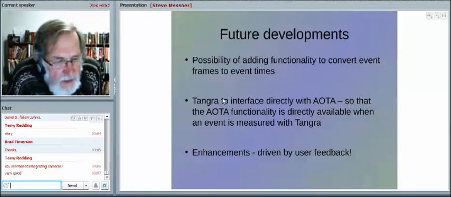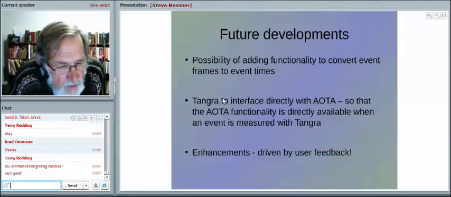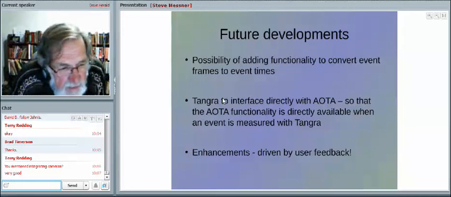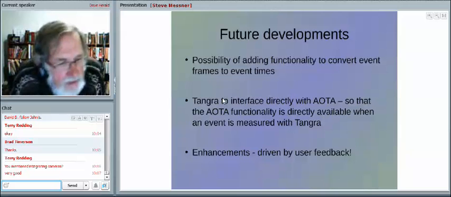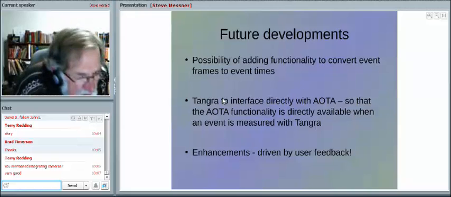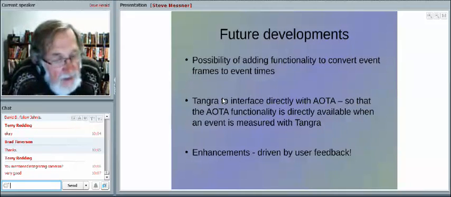And Risto intends on interfacing Tangra directly with IOTA so that when you measure things with Tangra, you'll be able to access the IOTA functionality, and it could be done either invisibly, so you just get the output results, or with the output displays. Enhancements of the whole system will be driven by user feedback. If no one's interested in it, then it won't go any further. If people find it useful, then we'll develop it as needed.